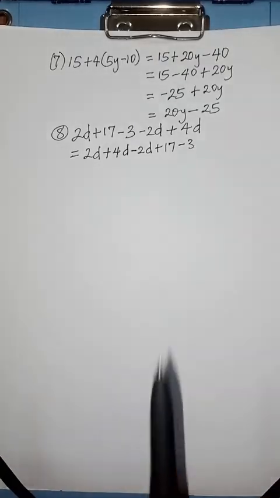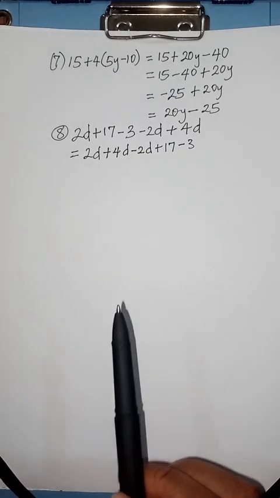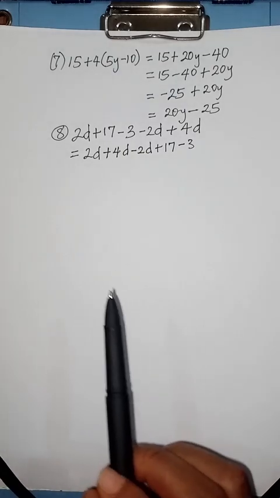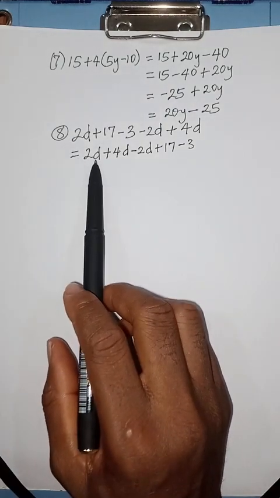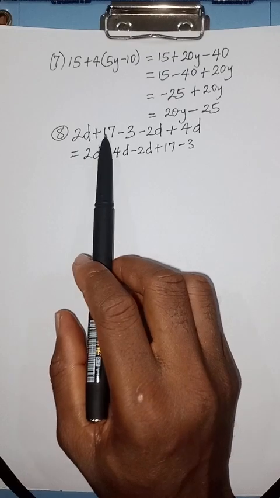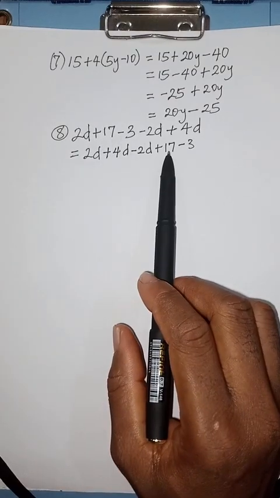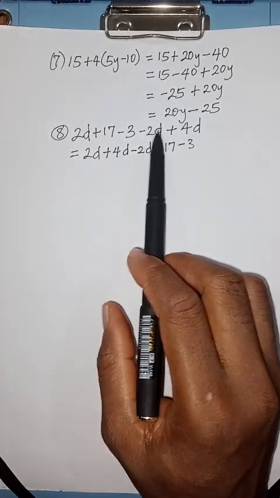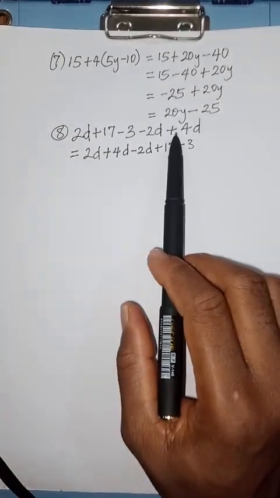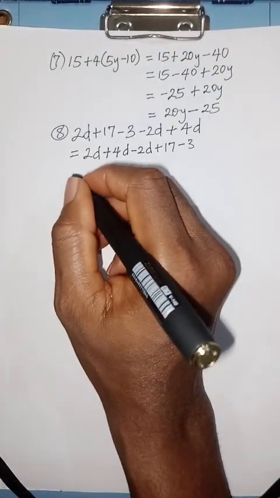Another thing I want you to also check are the signs attached to the terms. This is plus 2d, this is plus 2d. This is plus 17, this is plus 17. Minus 3, minus 3. Minus 2d, minus 2d. Plus 4d, plus 4d. So that means our expression is correct.